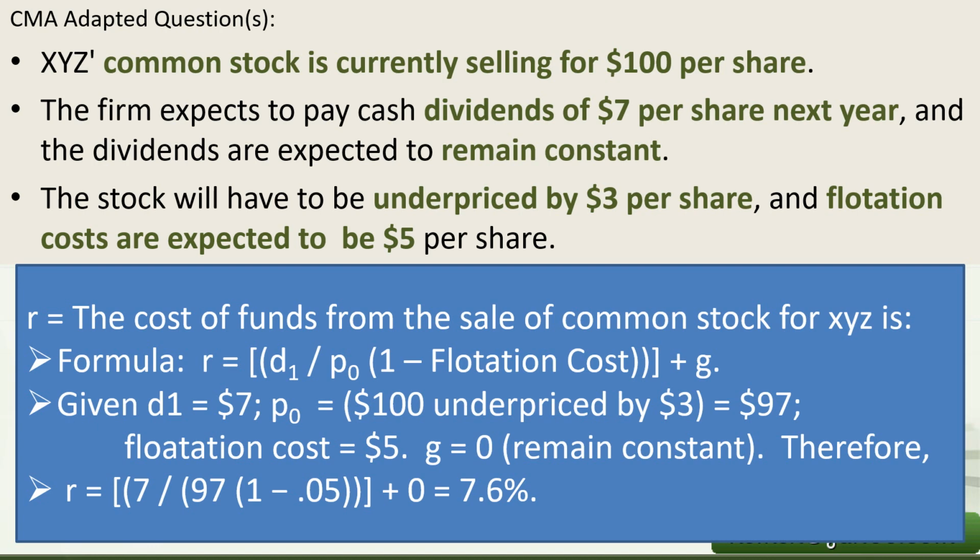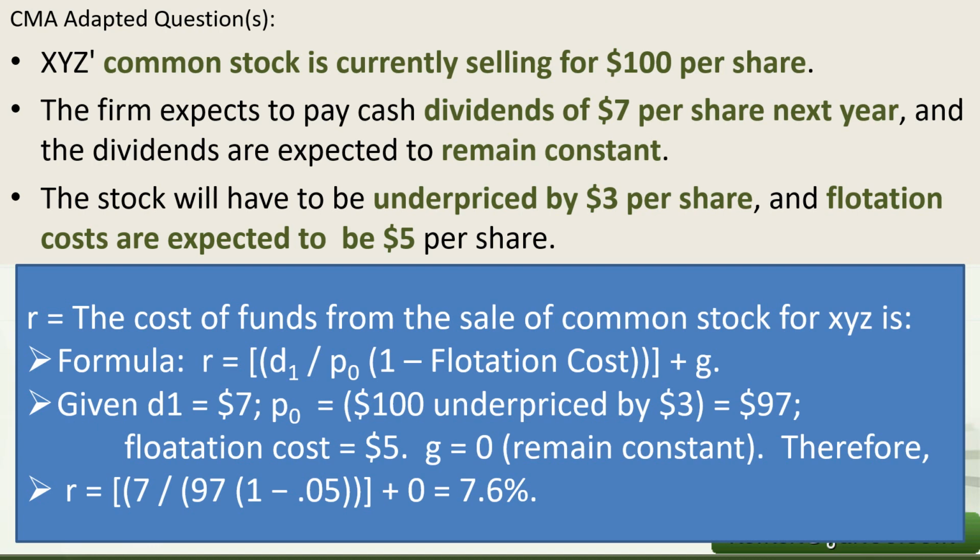The cost of funds is given by the formula R equals the dividend D1, that is the dividend expected next year, divided by the price multiplied by 1 minus the flotation cost. So after deducting the flotation cost, what will be the price? So when you add the expected growth rate, you can add that to the rate of return.